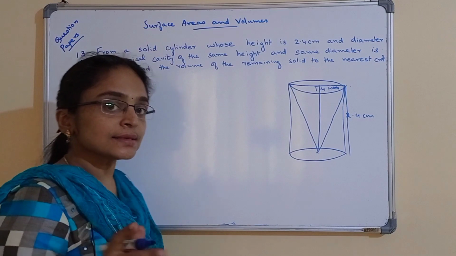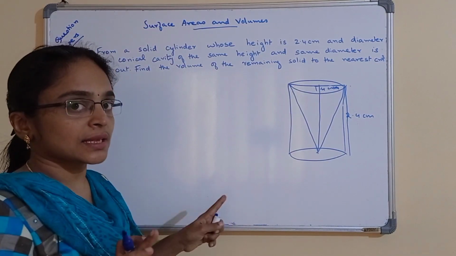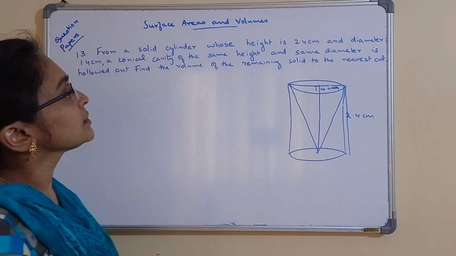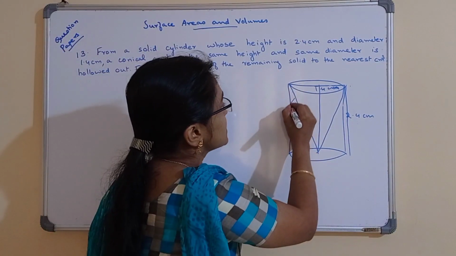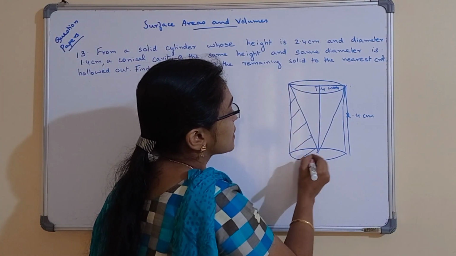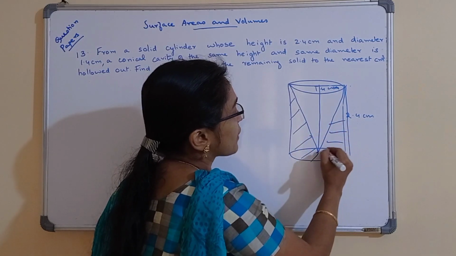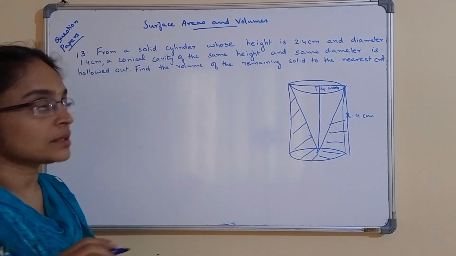So this height and diameter are the same for the cone and the cylinder. Find the volume of the remaining solid. That is this part we have to find, the volume of the remaining part.